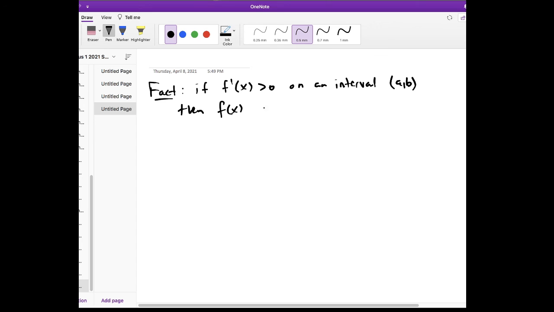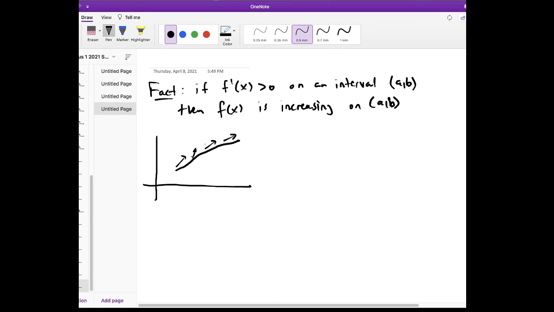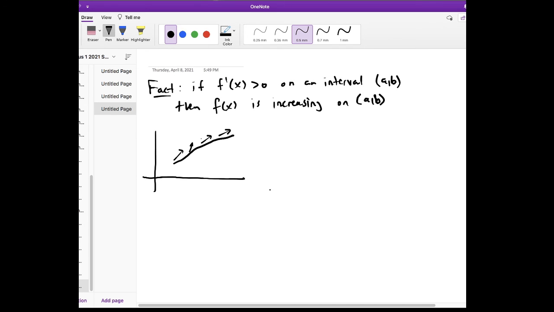Yes, it is increasing. So this is maybe clear based on the picture. If you have positive tangent lines of some curve, then if you fill in the blanks, you can see it's increasing. But to prove it rigorously, maybe there's some weird example that we don't know of. Let's just try to see how the proof would go.